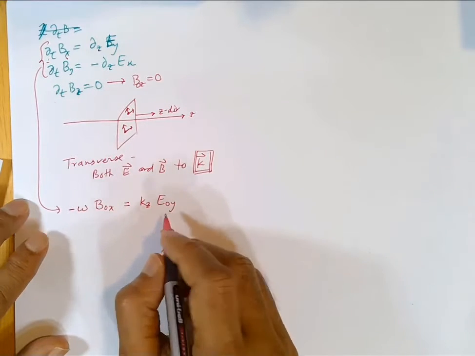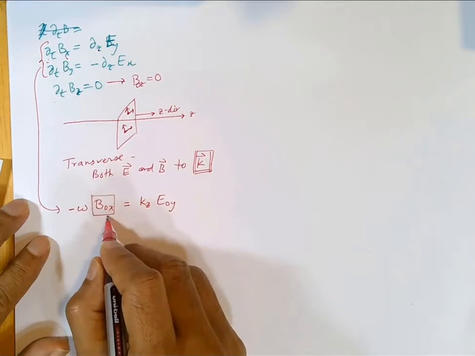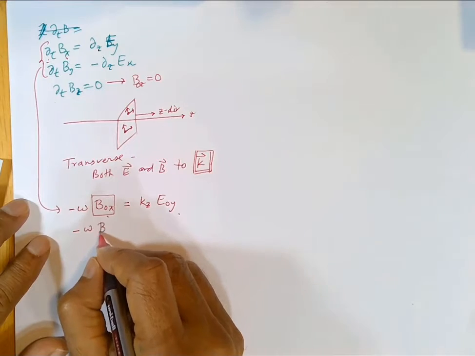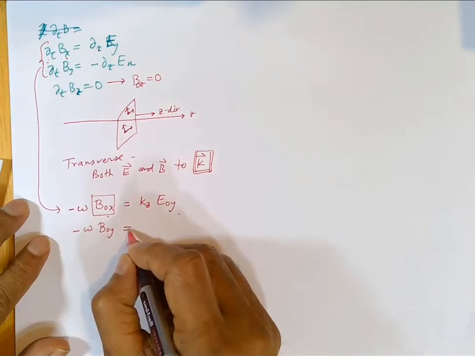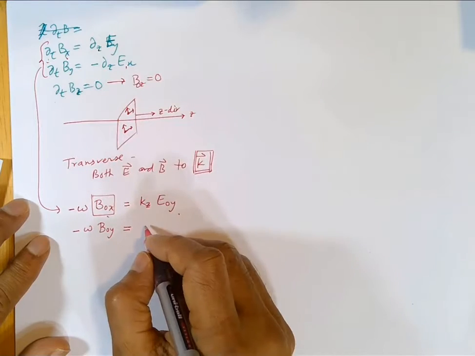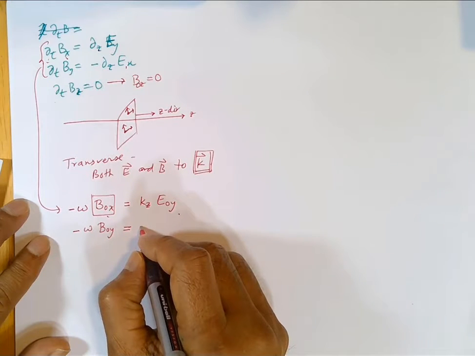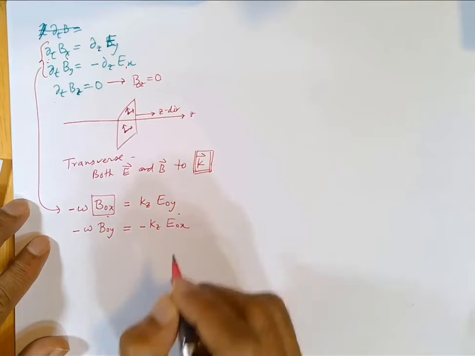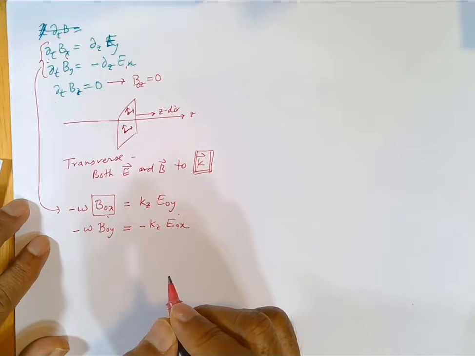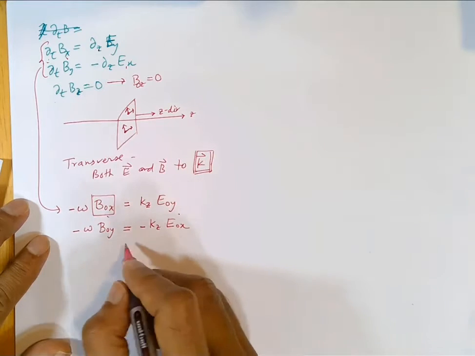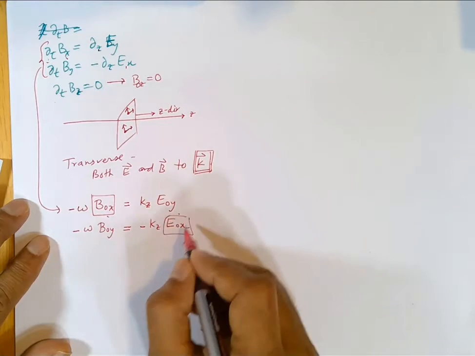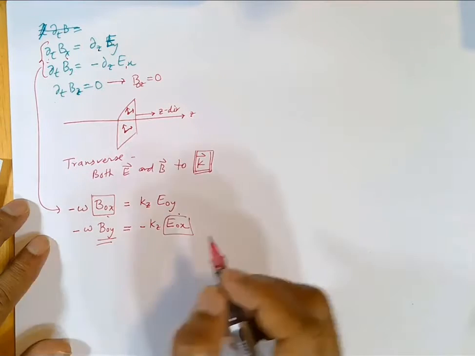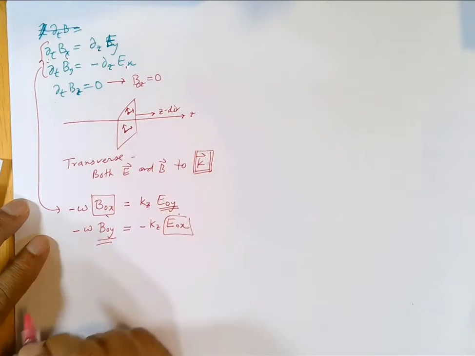So I really don't need to know this, it can be obtained from E0y. And the other one is going to have minus omega B0y, which will come from taking a derivative of that, and minus kz E0x. So you can see that if I knew E0x, I can get B0y. And if I know E0y, I can get B0x.